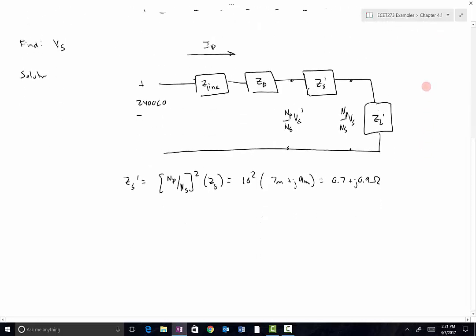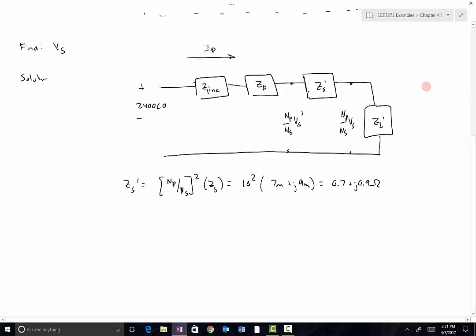So the current is going to get reflected as NP over NS is equal to IS over IP. We know IS, it was given to us in the problem statement, and we wanted to determine IP. So IP is equal to IS times NS over NP, which equals IS over 10 in this case.